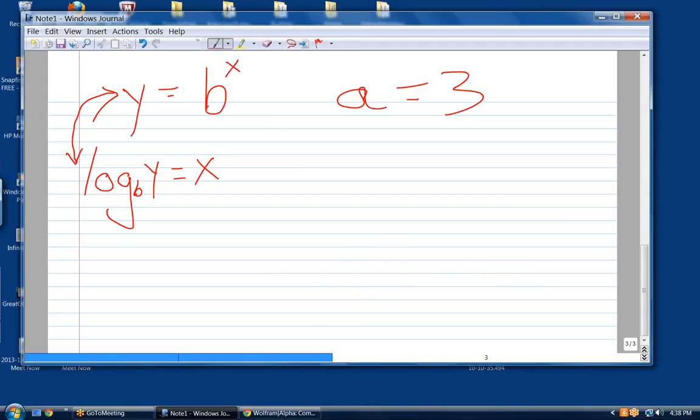I'm thinking. Okay, so x must be 0. So I would say the log... no, x can't be 0 because a to the 0 would be 1.